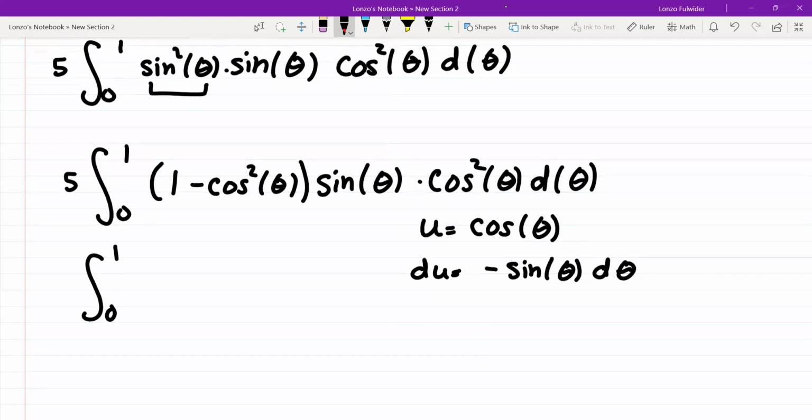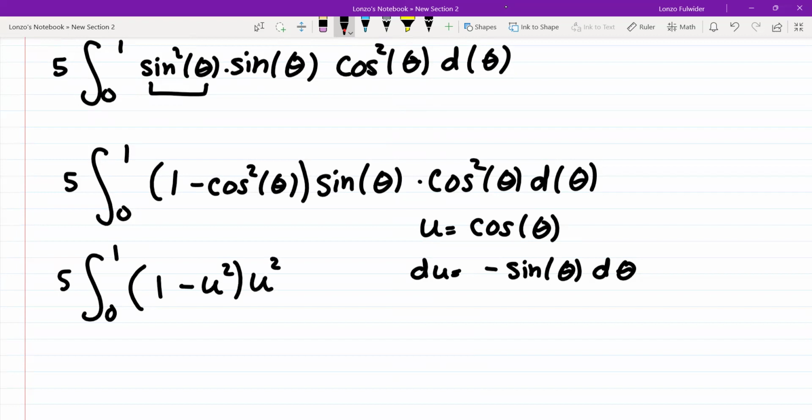So 0, 1, 5, and then it's parentheses, 1 stays the same. And then we said our u is cosine, so minus cosine squared theta would be the same thing as minus u squared, times the cosine squared theta, which is u squared.